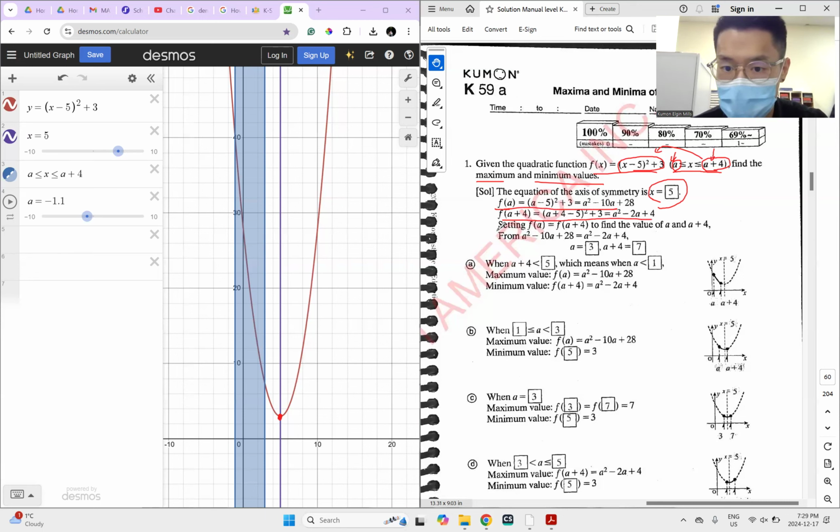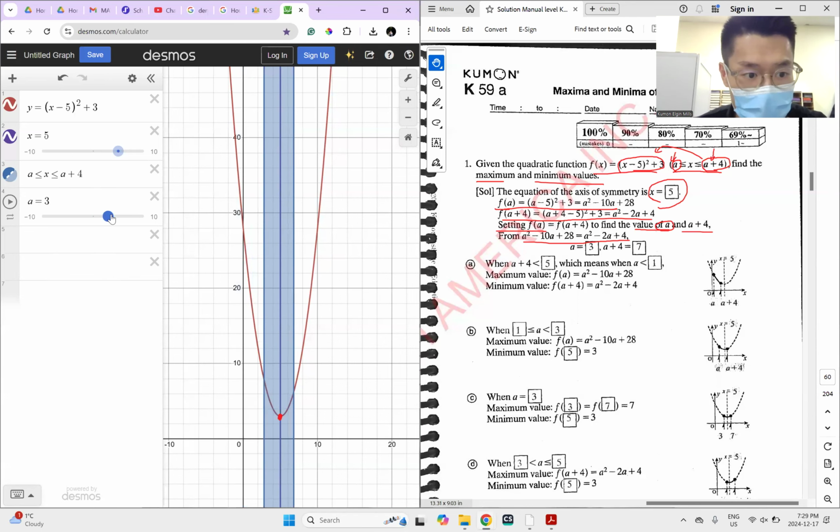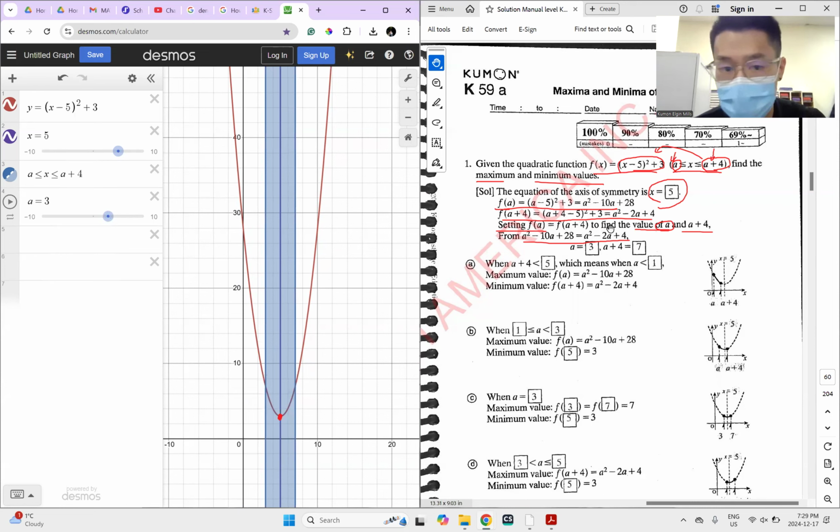If you set f(a) equal to f(a plus 4), you will be able to find the value of a where the two are equal. That is what I'm showing you here: when a is equal to 3, from the calculation here, I will be able to find these 2 points.